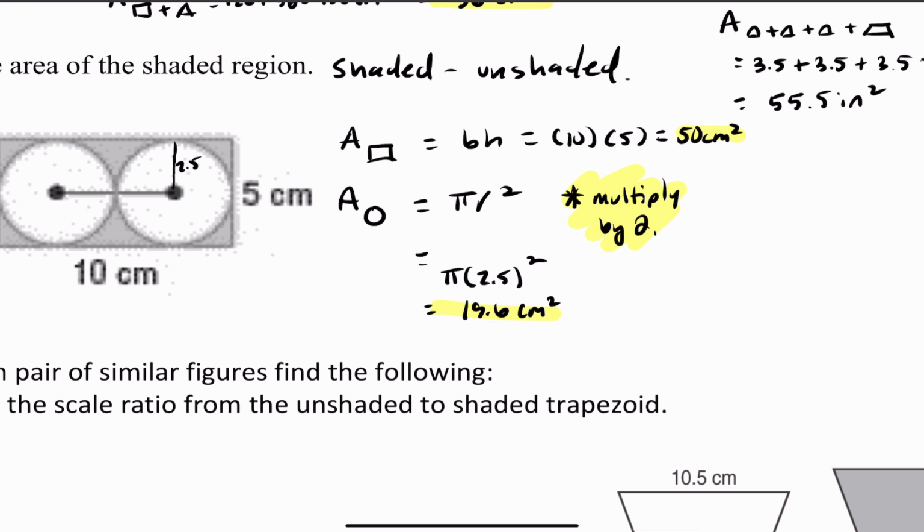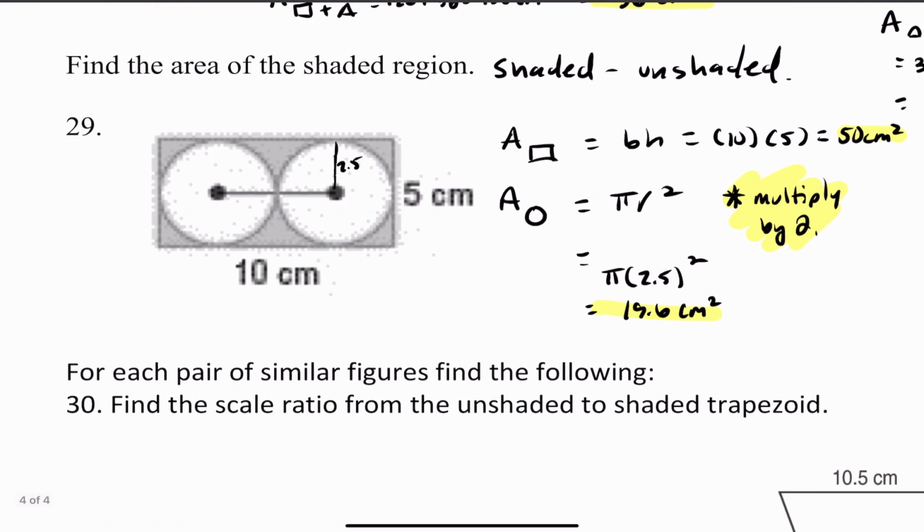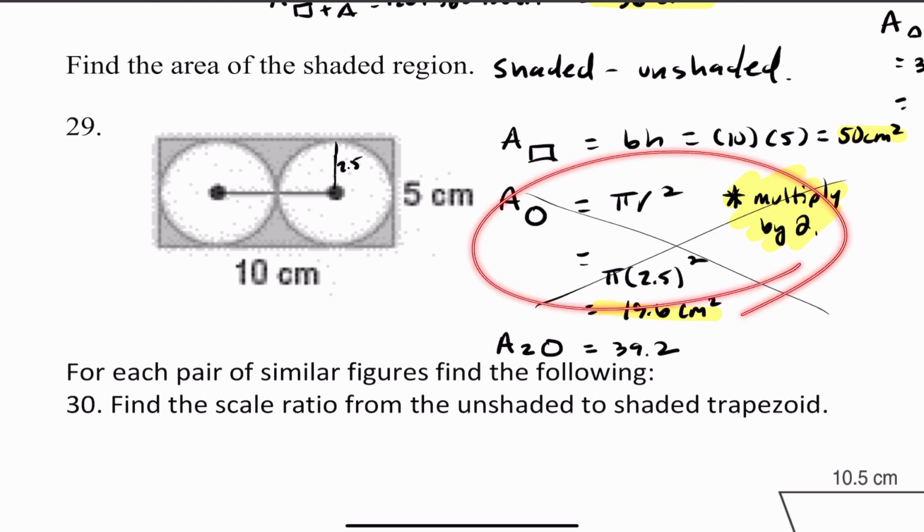So 19.6 by 2 is 39.2. All right, so the area of two circles is equal to 39.2. So I really don't need this stuff anymore.